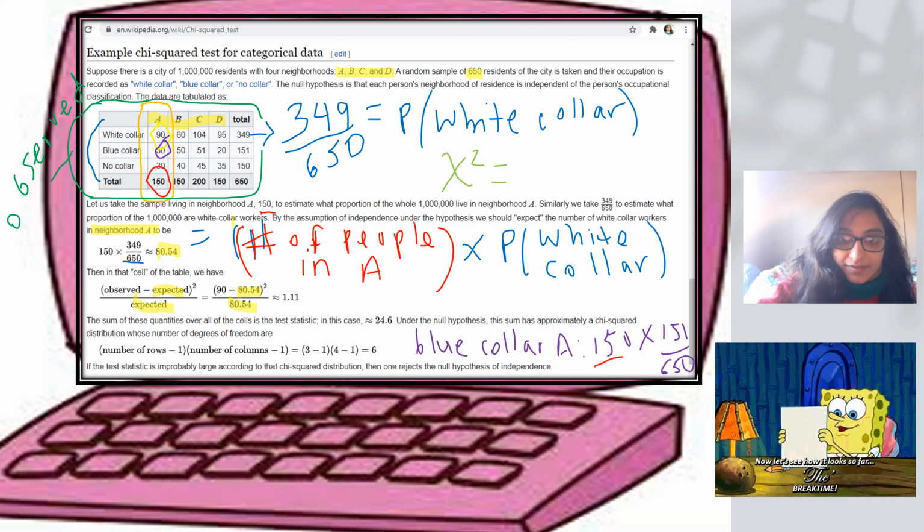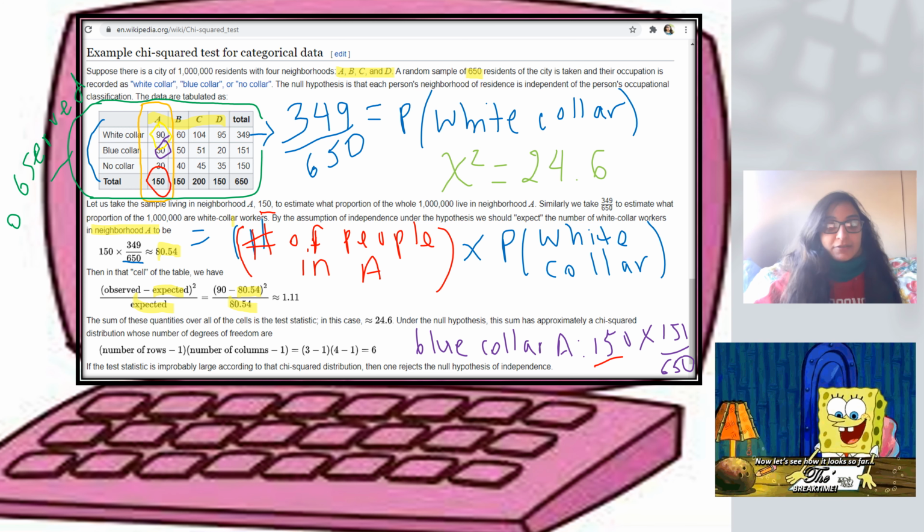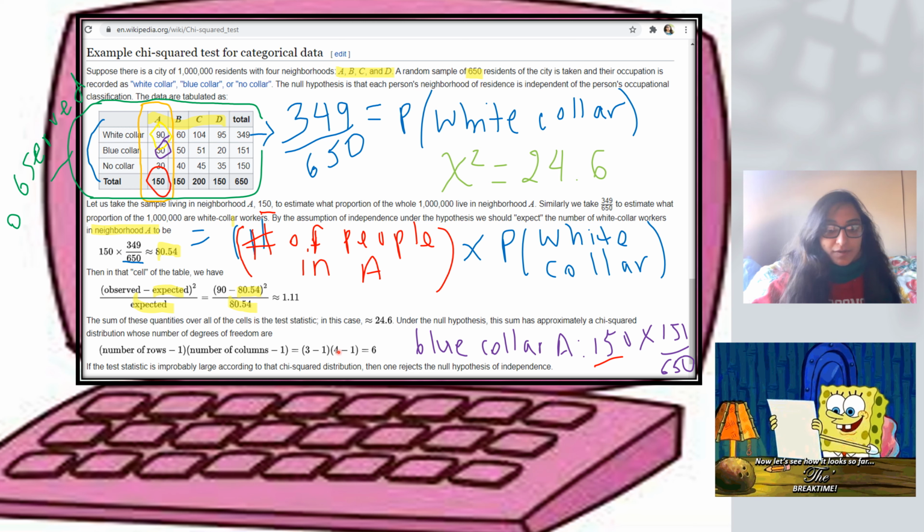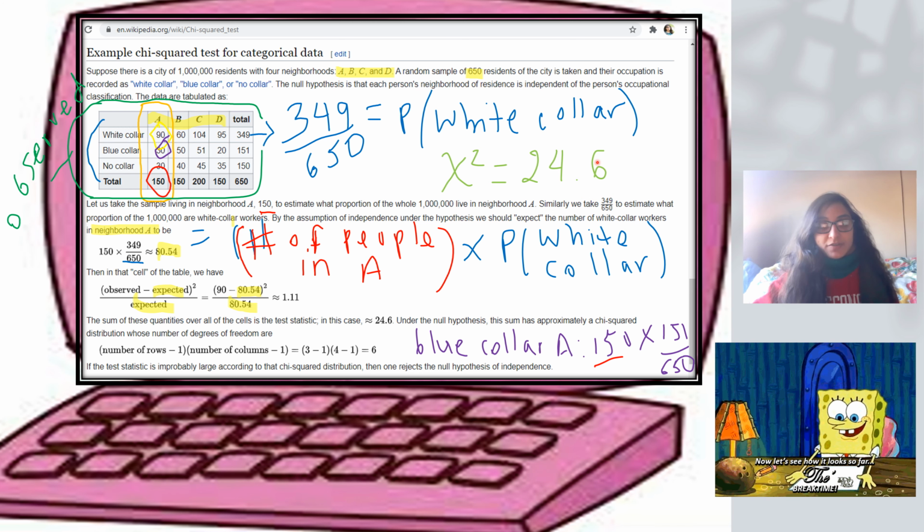The chi-squared value is 24.6, with the degrees of freedom equal to 6, because we have four columns, so 4 minus 1, multiplied by 3 rows, so 3 minus 1 times 4 minus 1 is 6. This statistic is really large according to a chi-squared distribution, so we reject the null hypothesis of independence, with a chi-squared value of 24.6 and 6 degrees of freedom.